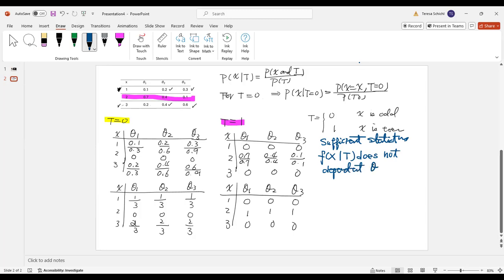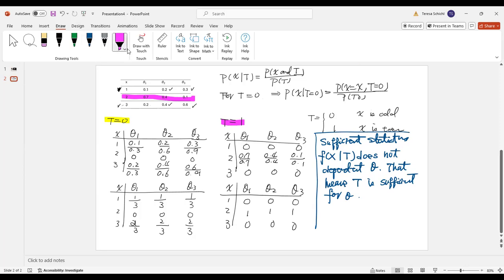your parameter theta, okay? Then we can say that means T is sufficient for theta here. All right, so this is our definition for the sufficient statistics here. So now you take a look at this conditional distribution.